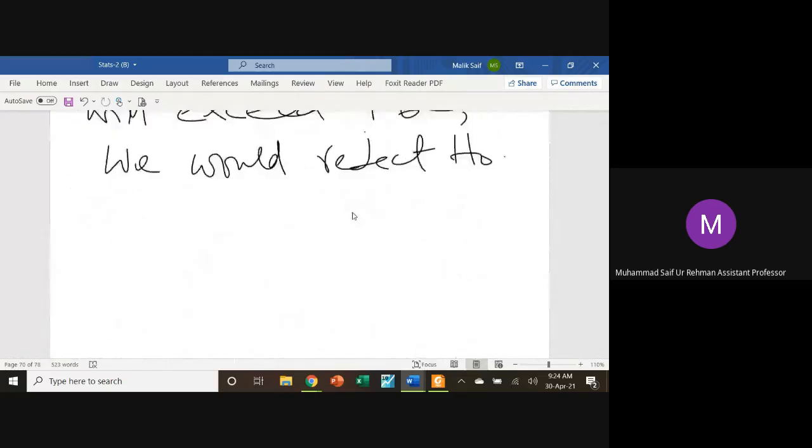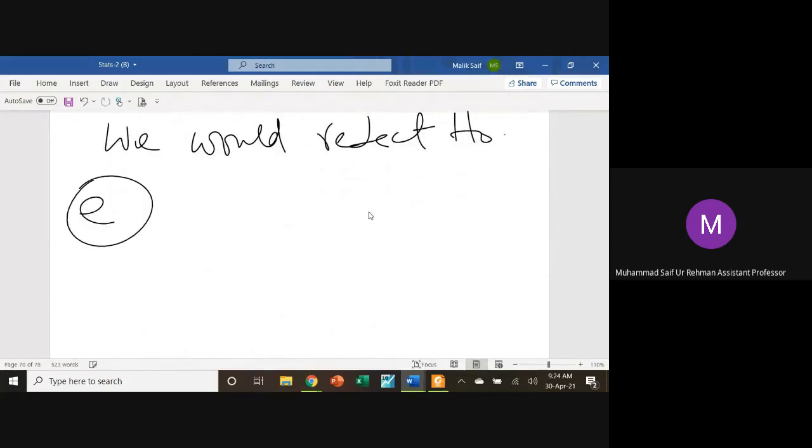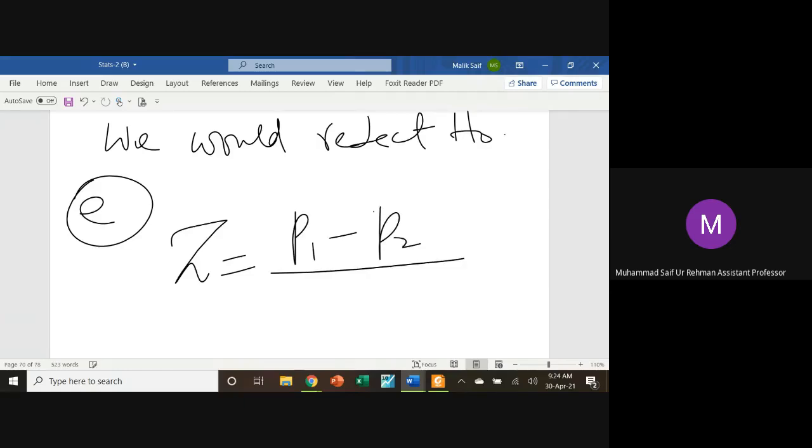This was part D, and now E. So now the test statistic in this particular case will be Z equals P1 minus P2 divided by the square root of PC QC into (1 over N1 plus 1 over N2).